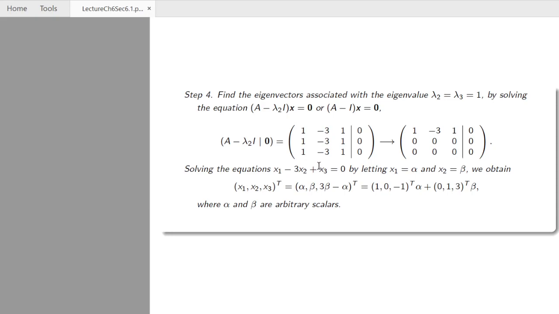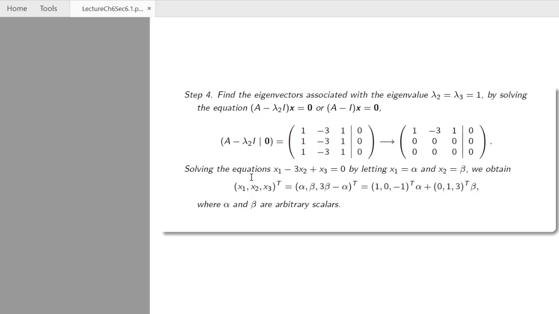That means we can arbitrarily choose 2 values among x1, x2, x3. So let's say we choose x1 equals alpha, alpha is an arbitrary number, and x2 equals beta, beta is an arbitrary scalar. Then from this, x3 will be equal to negative x1 plus x2, which equals negative alpha plus beta.